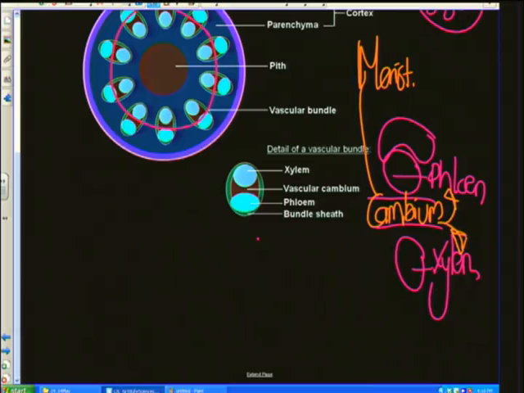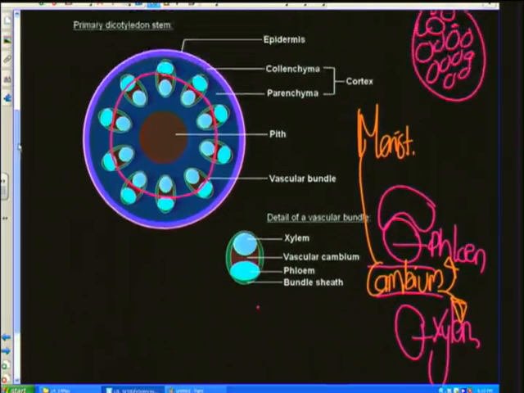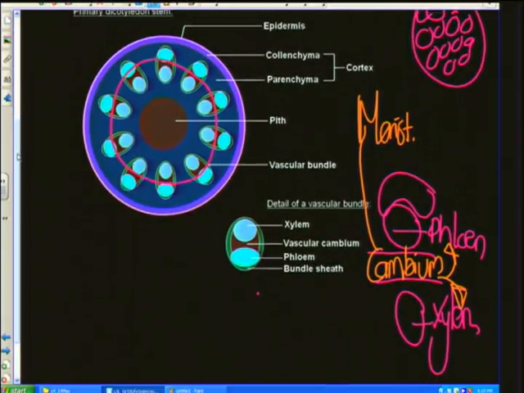Not only that, if we have a look at the stem, what happens is, let me go down a bit. Within this, I've drawn this pink circle there and now from here to here. What happens after the first year? These cells over here are all parenchyma cells between the vascular bundles.